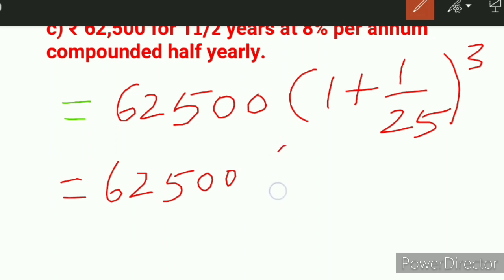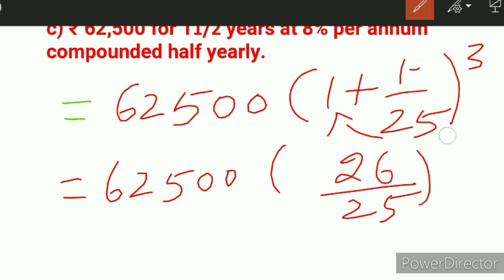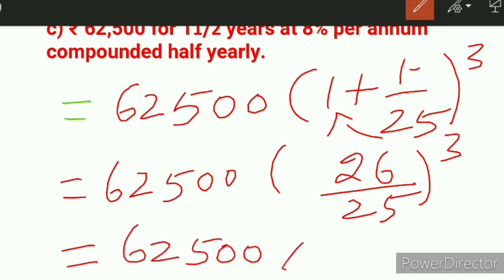62,500 into, 25 is the LCM, cross multiply: 25 into 1, 25 plus 1, 26 whole to the power 3. That is equal to 62,500 into 26 by 25, 3 times.